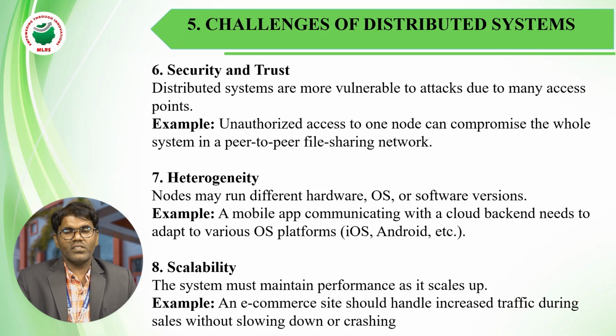The system must maintain performance as it scales up. Example, an e-commerce site should handle increasing traffic during sales without slowing down or crashing. Means here we can use another server to handle the traffic while booking in e-commerce.